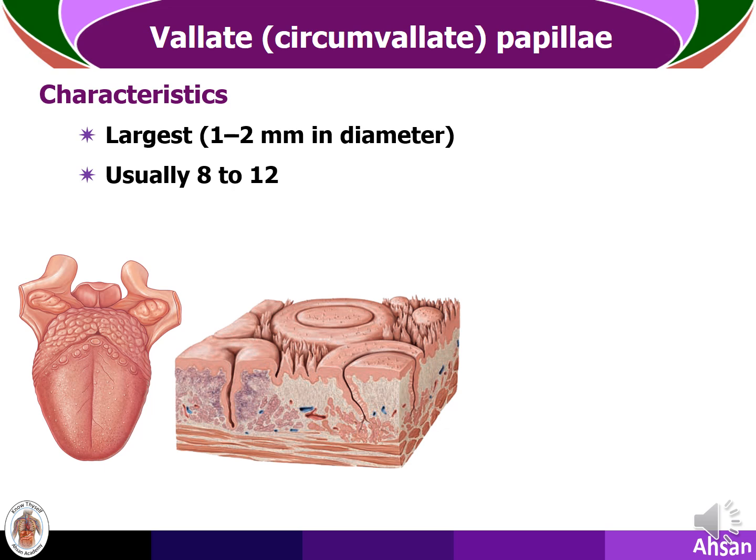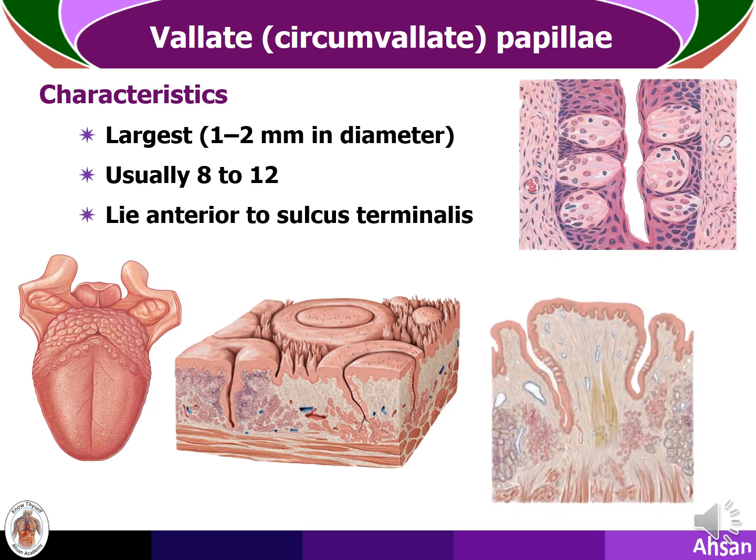You can see they are oriented in a line in front of the sulcus terminalis, the V-shaped sulcus. You can see the sections of the vallate papilla. It has a wider superficial surface and a narrow base, and on either side it is surrounded by a deep cleft.